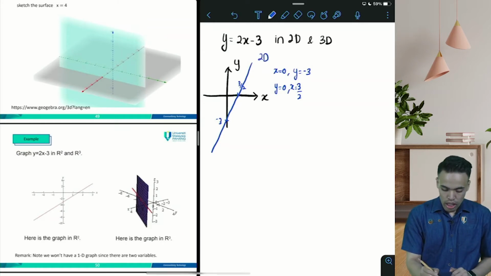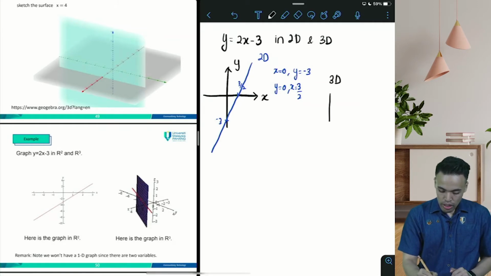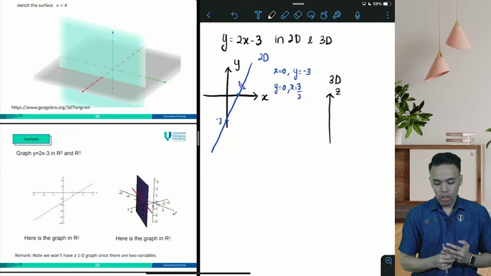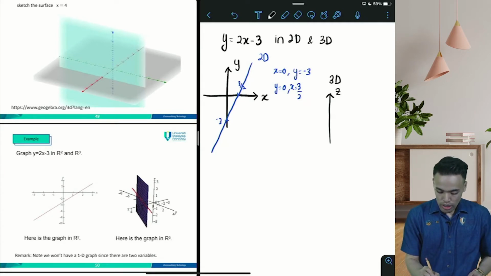Alright. Now, let's focus our attention on the three-dimensional coordinate system. I did explain in the previous example, when you try to sketch 3D, your capability to illustrate the equation in a two-dimensional coordinate system will help you a lot when you try to sketch the equation in a three-dimensional coordinate system.